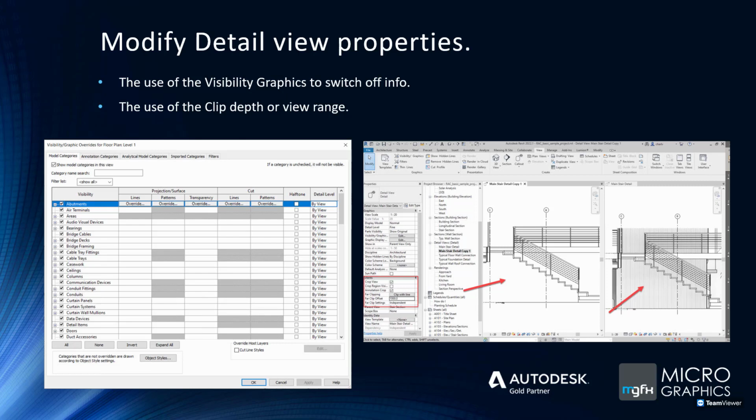So that depth is basically what you see in that section, and behind it, or the depth of that section. That can be changed to exclude a lot of the view information. Why would you do that? Maybe it's too complex and you want to get rid of things that are happening behind it.